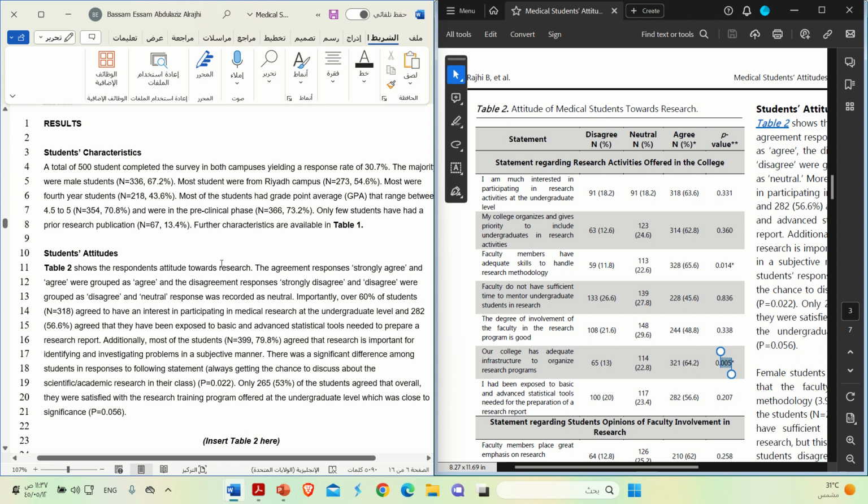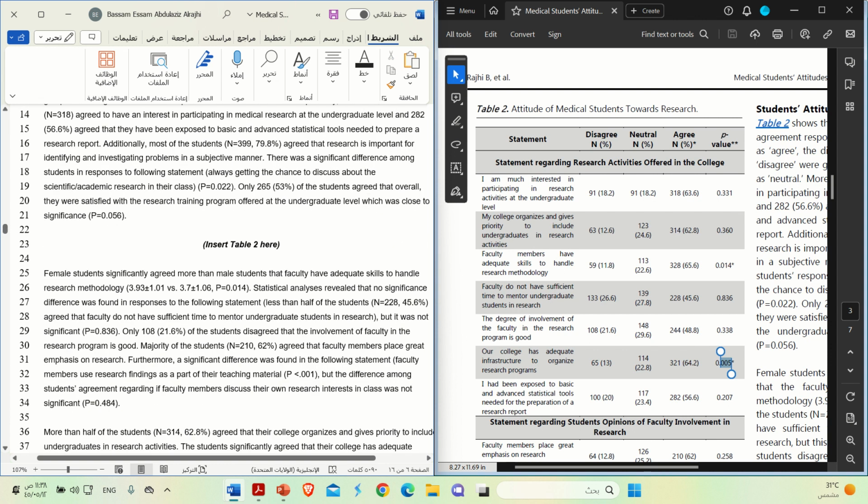So here we talk about the survey, and we talk about the most common things, as you can see, most students, significant difference, and you can mention the p-values between parentheses. You also want to describe or state which table it had. So in table 2 it shows all of those variables.